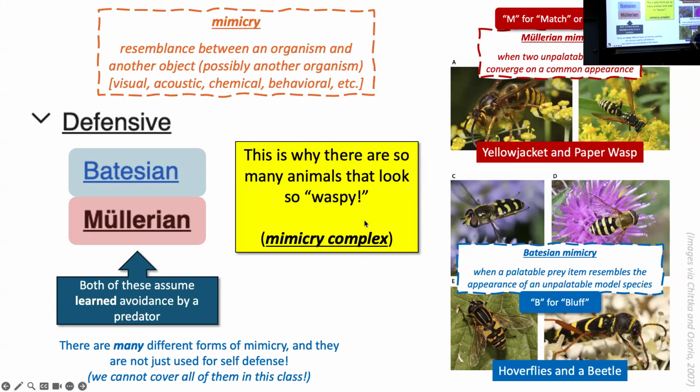This is why so many things look waspy, because that signal, so it's been all of these wasps that are out there that are true threats, they've converged on one signal that is very helpful to predators to know, I'm going to avoid that thing. And there are so many of those out there that they anchor that signal down to being useful.